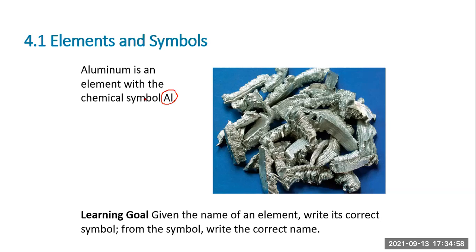Now, the names of elements do come from a wide variety of sources. They may come from where they were discovered, the people that discovered them, or old Latin and Greek words. For example, iron has a symbol of Fe, copper has a symbol of Cu, potassium has a symbol of K. All these are really from the origins from which they were discovered.